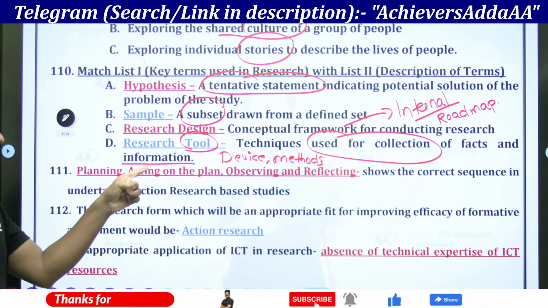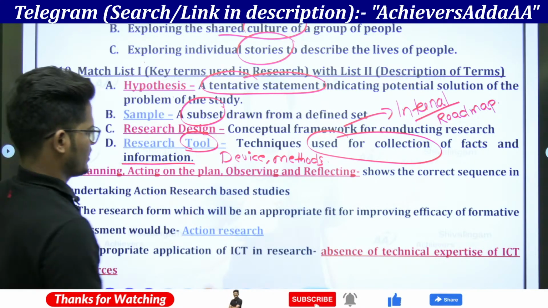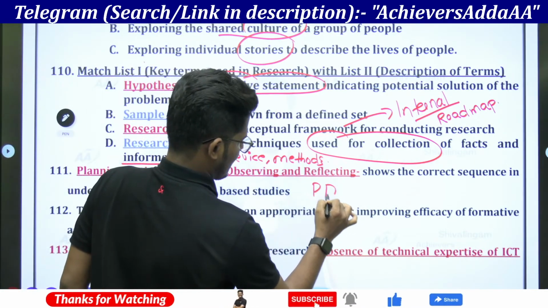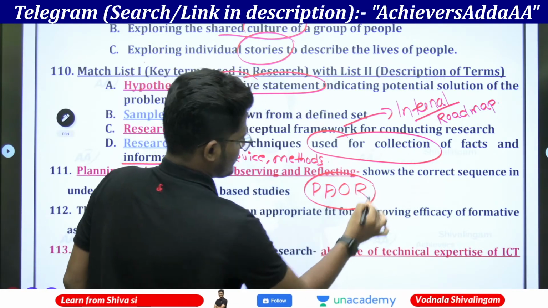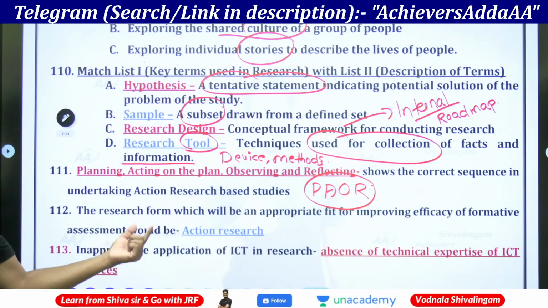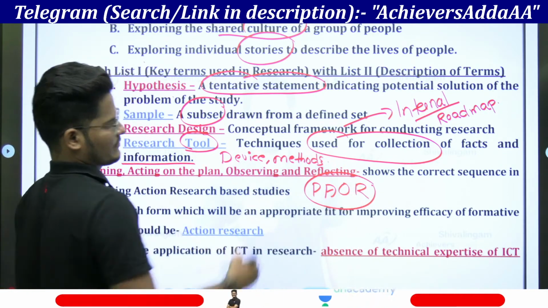Planning, acting on the plan, observe and reflect. Look at planning, acting, observing and reflecting, PAR, is the correct sequence of action research based studies. Plan, act, observe, reflect.